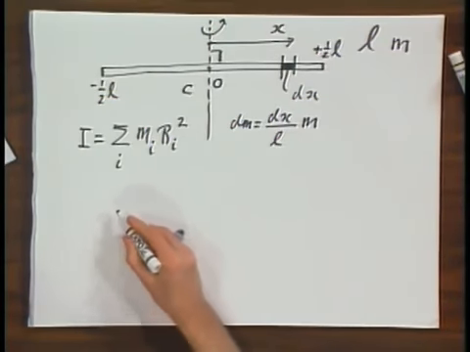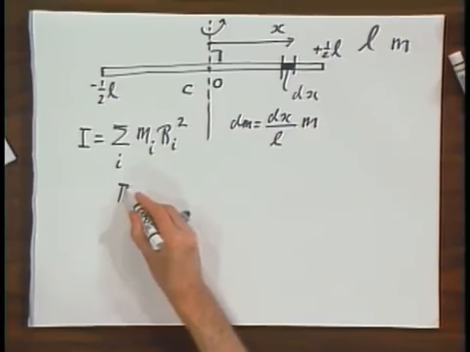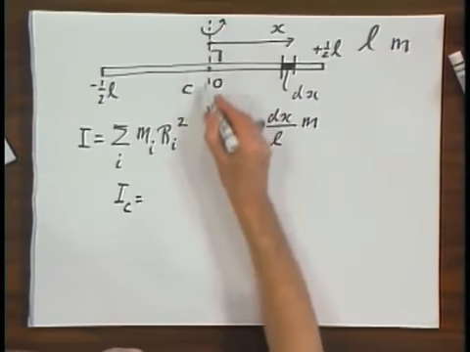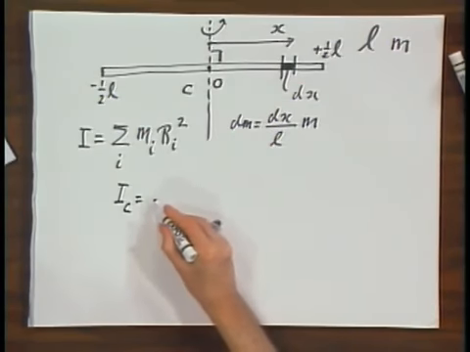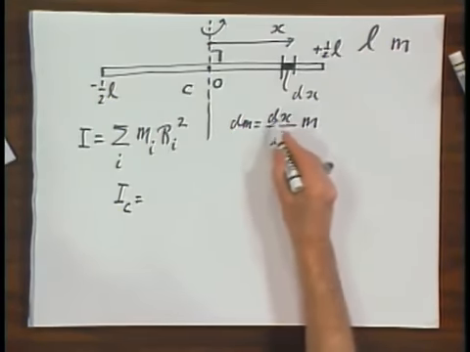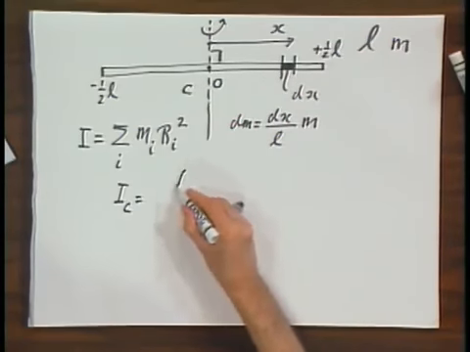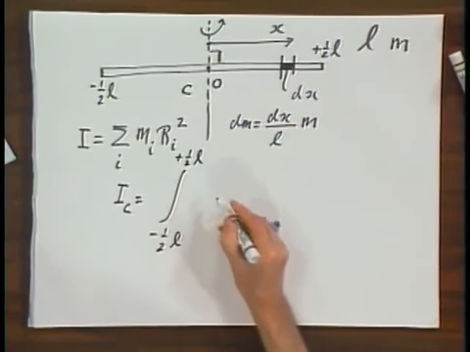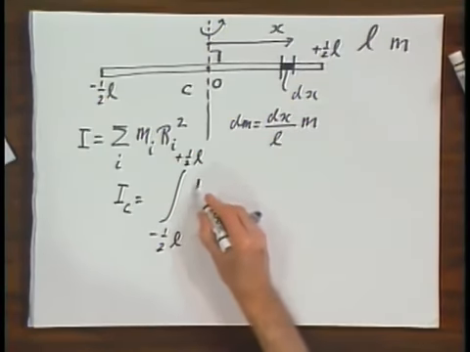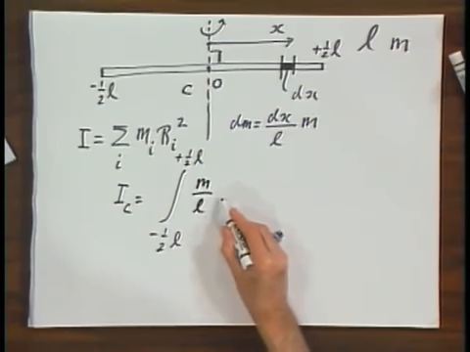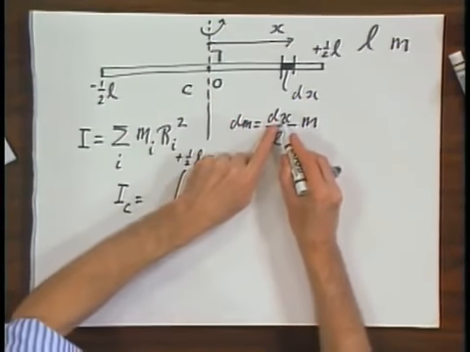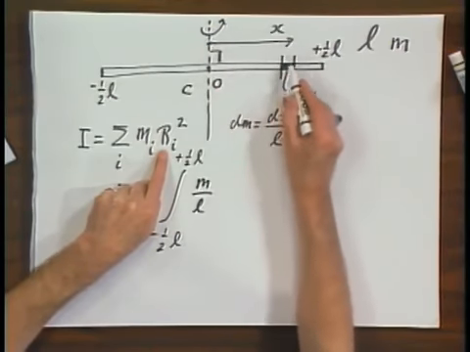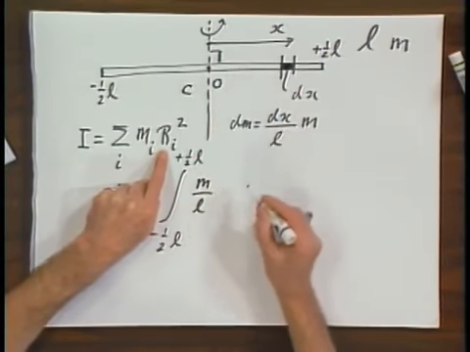summation, which becomes an integral, then I get I, and I will put a C in there to remind you that it is an axis through the center, now becomes an integral over x, and the x goes from minus 1/2 L to plus 1/2 L. I get m over L, and then I get dx, but I will wait with my dx because I have to multiply it with x squared. x is the distance from that mass element to the axis of rotation.